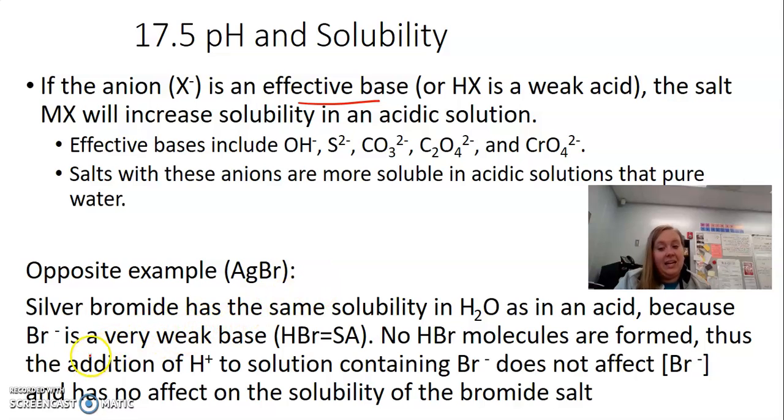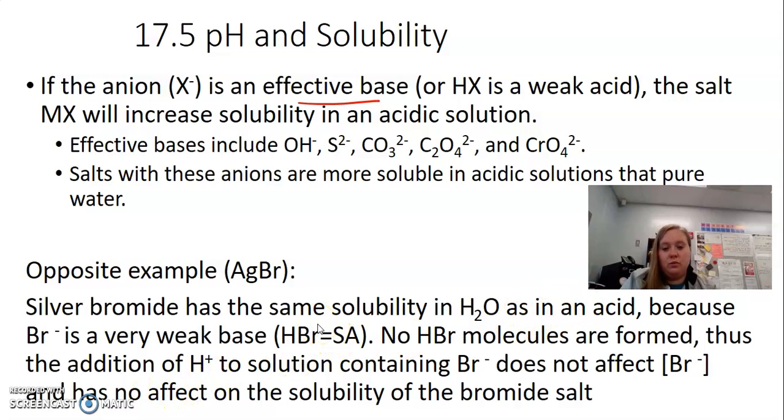If you have an anion that comes from a strong acid, so it's a weak base, then the solubility is not going to be affected at all in an acidic solution. It's just going to remain the same as it would in water, because in water it's going to be dissociated anyway. And so if you add more acid to it, it's just going to keep dissociating. So the solubility is really not going to change.